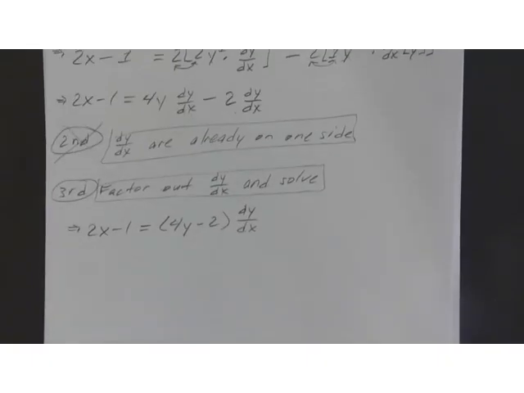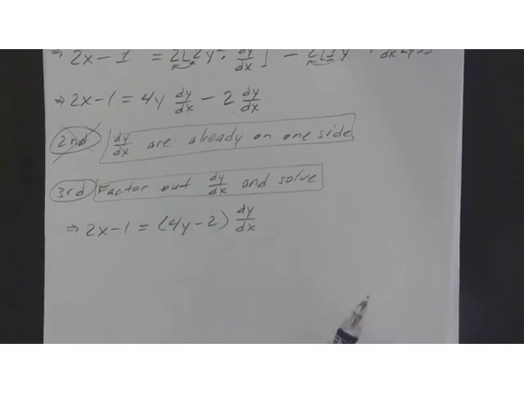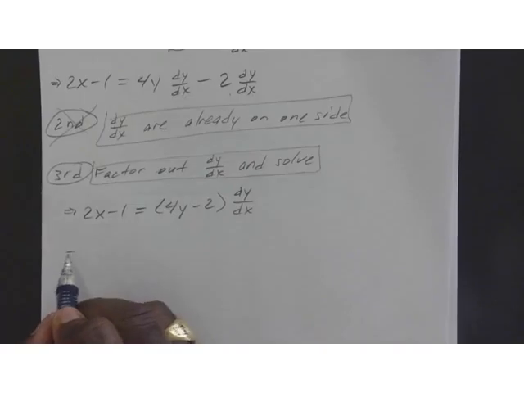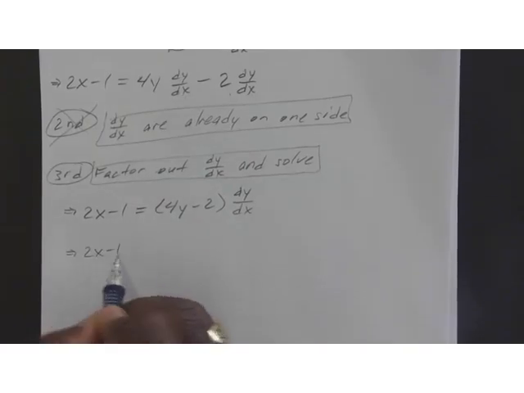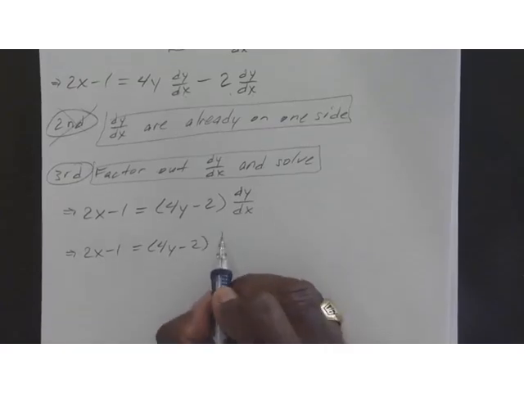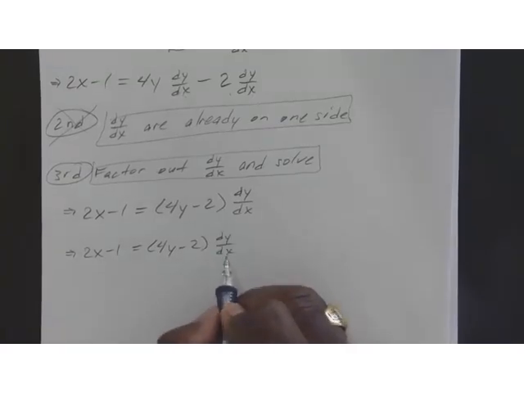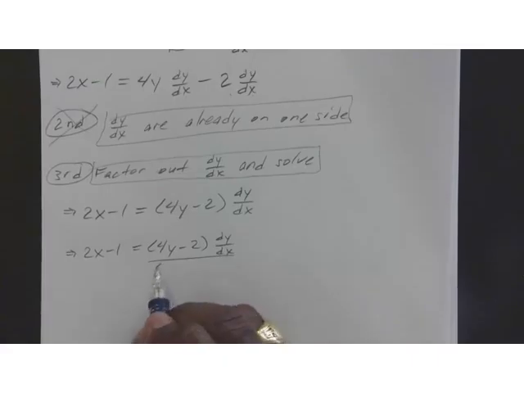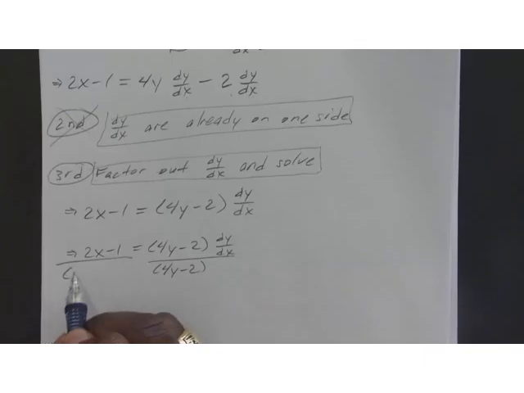Okay, so to solve it, all we have to do is divide both sides by 4y minus 2. So 2x minus 1 is equal to 4y minus 2 times dy dx. Divide this side by 4y minus 2, and this side by 4y minus 2.